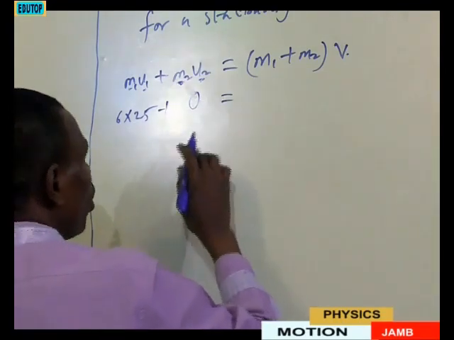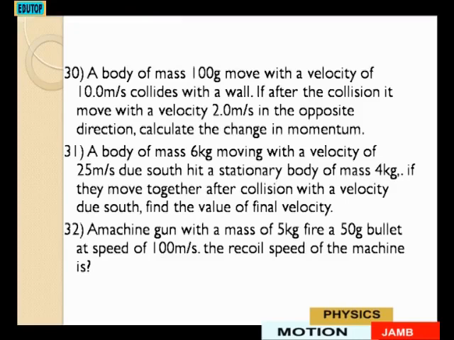Then the mass of both. We are given the mass of the second body. The question says a body of mass 6 kg moving with a velocity of 25 meters per second due south hits a stationary body of mass 4 kg.